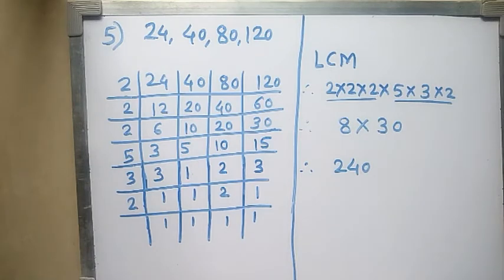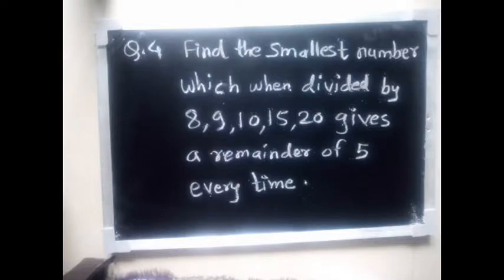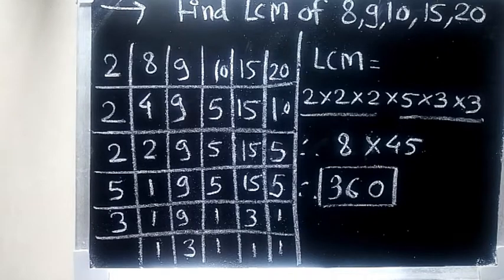Question 4. Find the smallest number which when divided by 8, 9, 10, 15, 20 gives a remainder of 5 every time. To find the multiple, let us find the LCM of the given divisors.